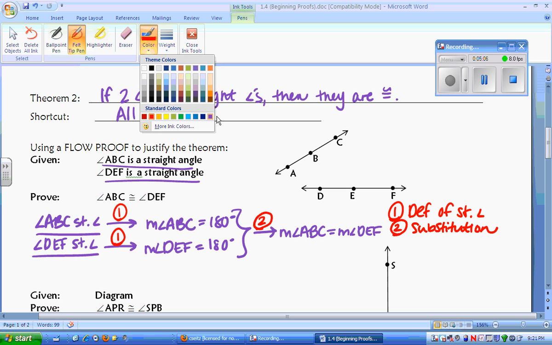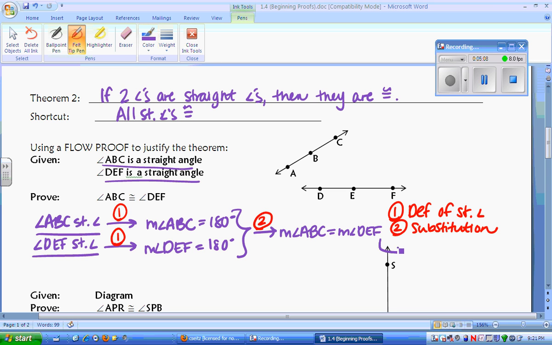And then my last step, because they're equal, we can now say angle ABC is congruent to angle DEF. And that's step 3, definition of congruency. Okay, so once I get to this last proof here, what I want to prove, I'm done. These two should match.